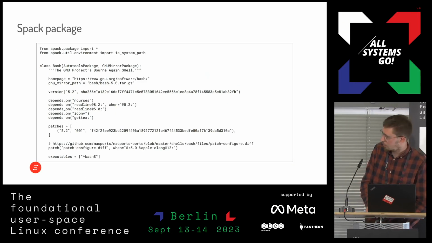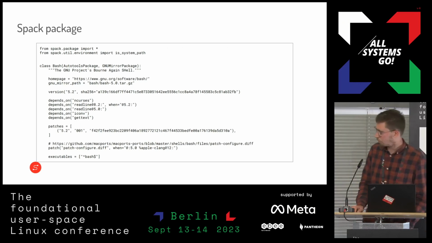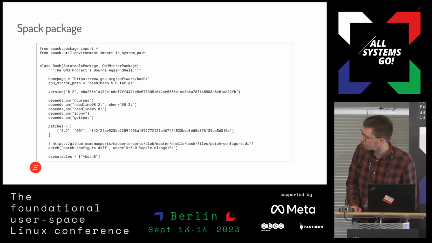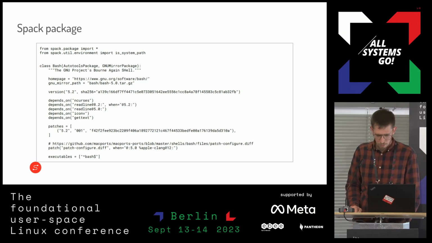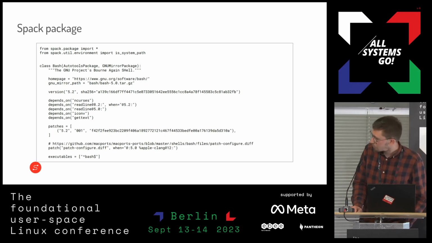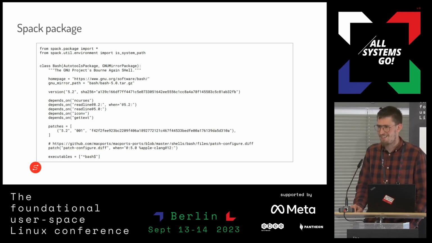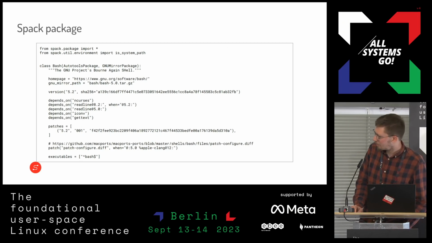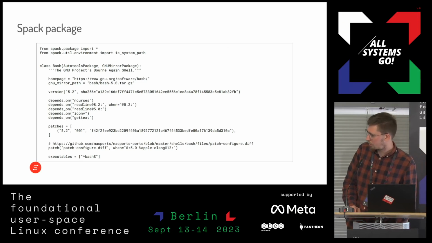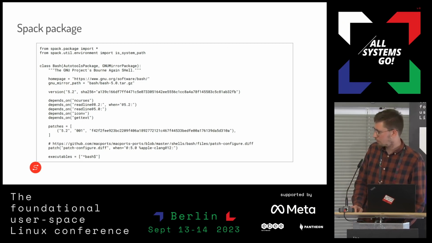And actually, here's an example of a Spack package. This is for the bash package. Sorry for not providing syntax highlighting though. But as you can see, we define a few important parts like versioning, dependencies, dependency versions, right?